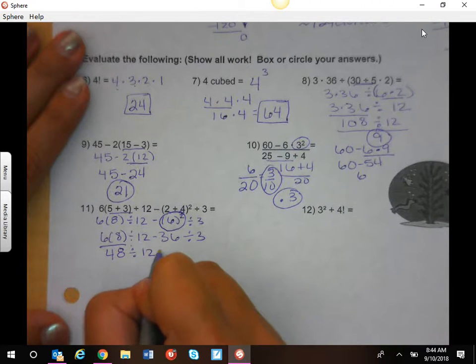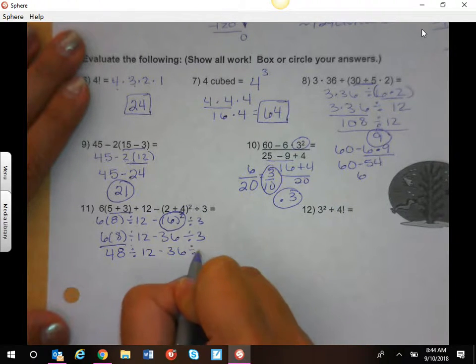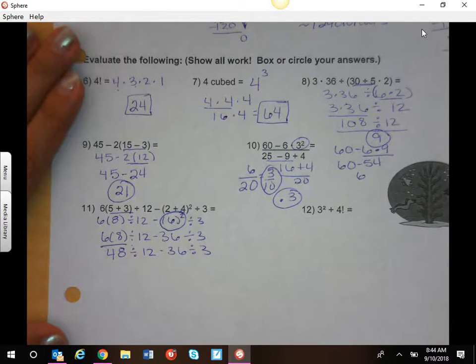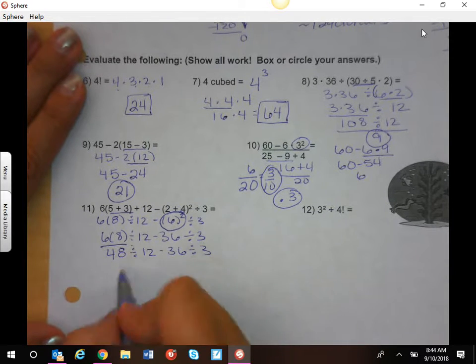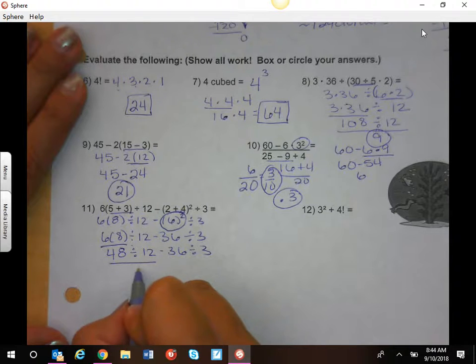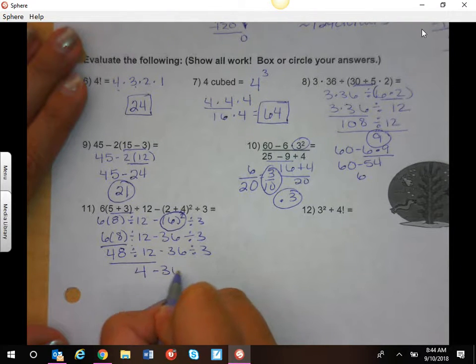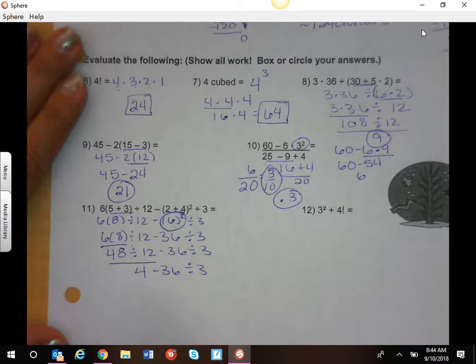Now I'm going to keep writing it out so that I can see and not miss anything. Divide, subtract, divide. 48 divided by 12 is 4, minus 36 divided by 3. Subtract, divide. I have to divide before I subtract, so 4 minus 12. This actually happens to be a negative 8.